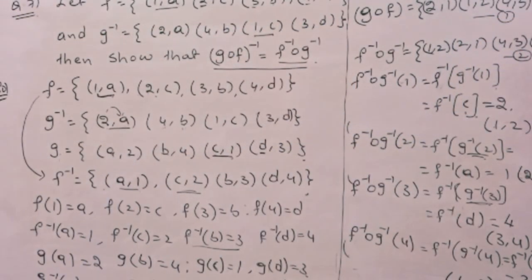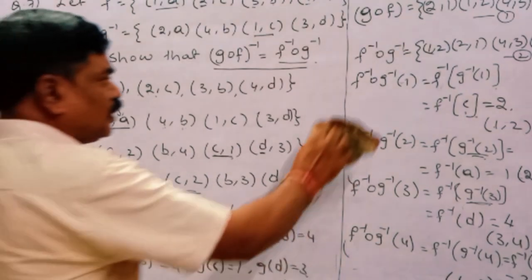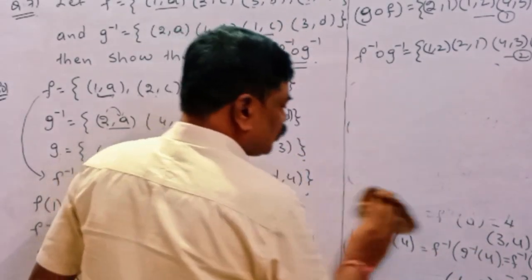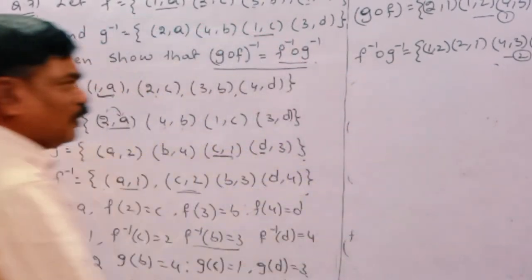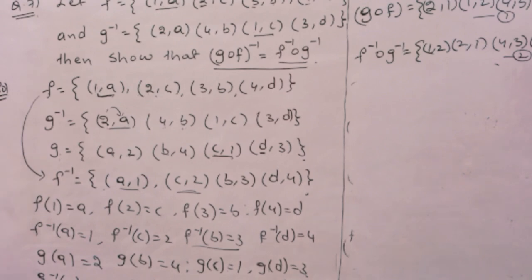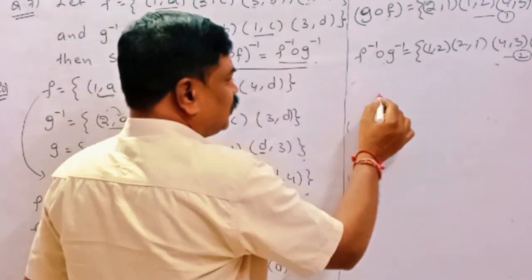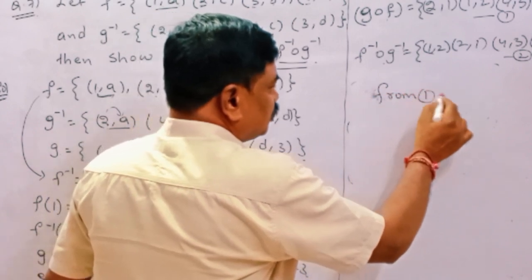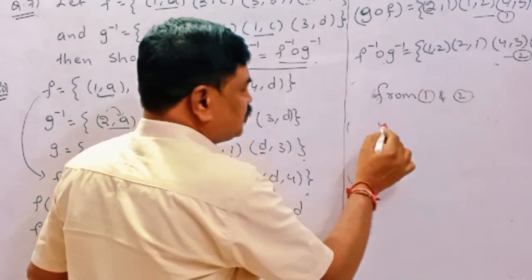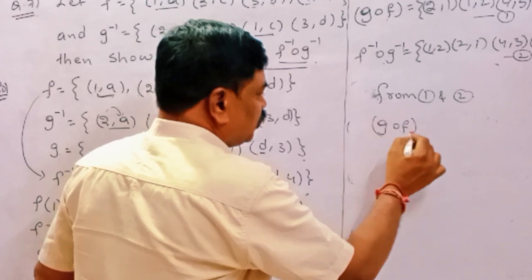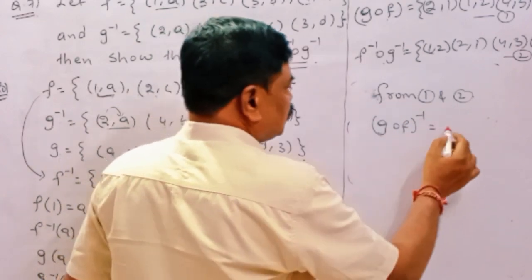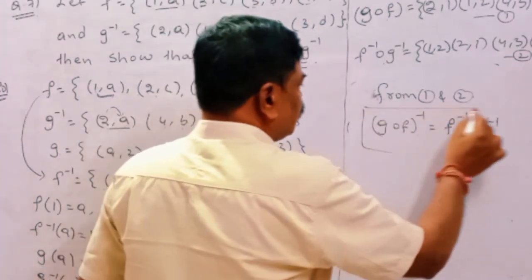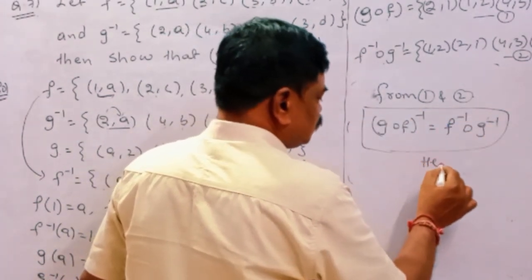By observing 1 and 2, we can conclude that G circle F whole inverse is equal to F inverse circle G inverse. Hence proved.